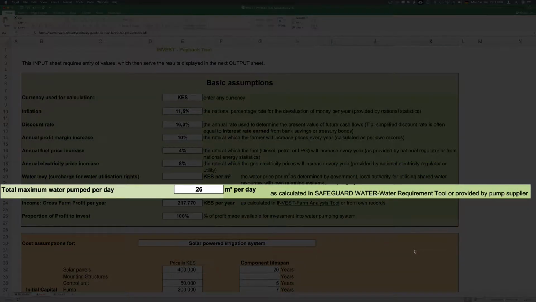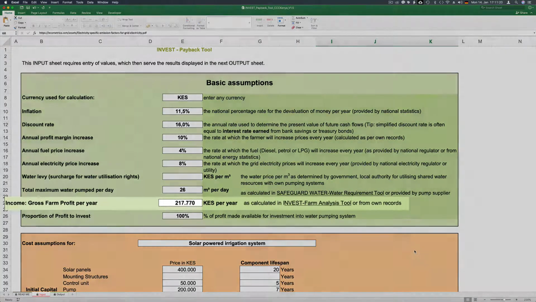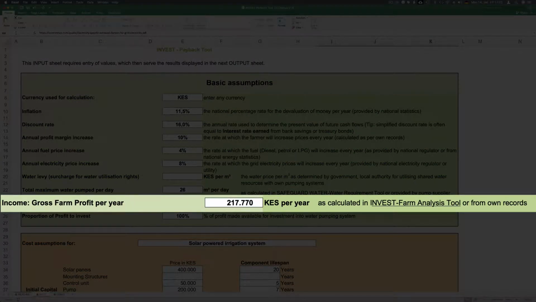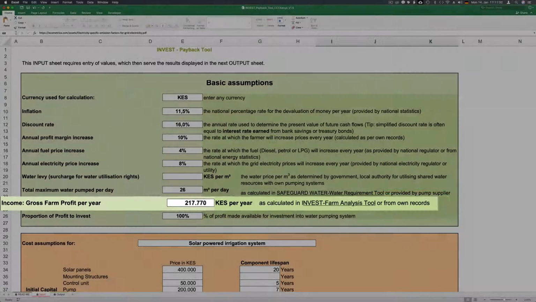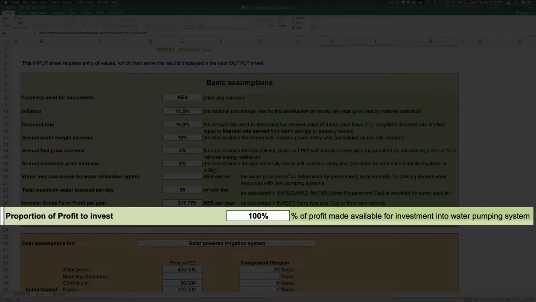The total maximum water pumped per day is 26 cubic meters as calculated in the water requirement tool. The gross farm profit per year is 270,770 Kenyan shilling per year as calculated in the farm analysis tool. The proportion of profit to invest is 100%.